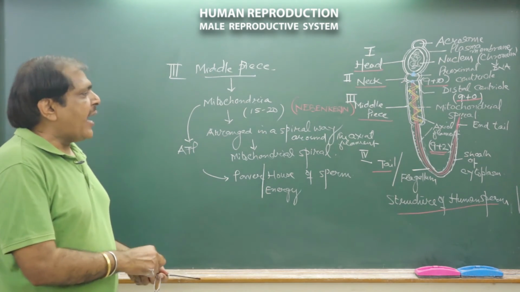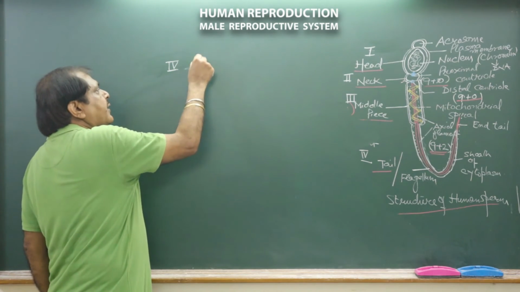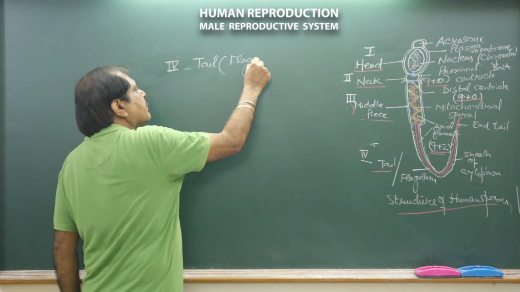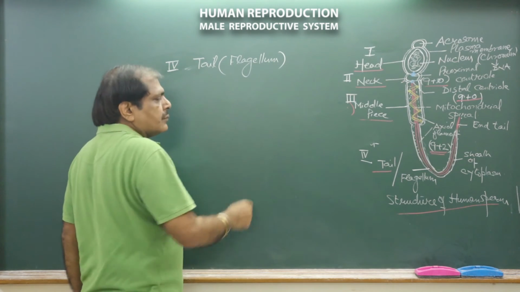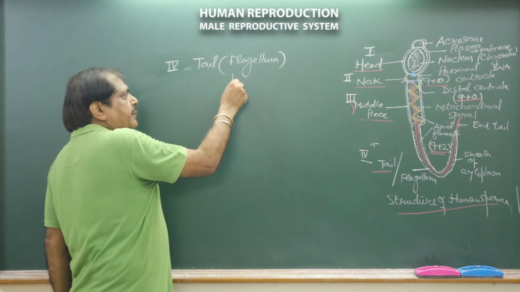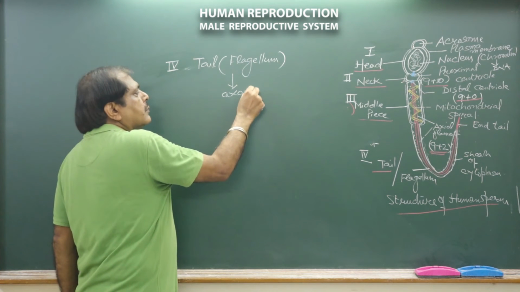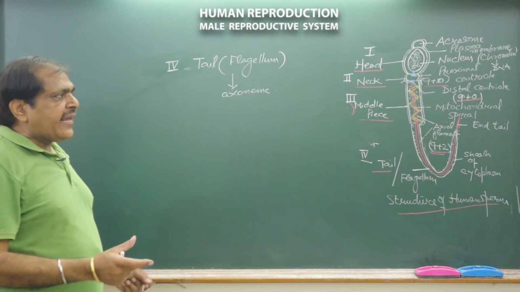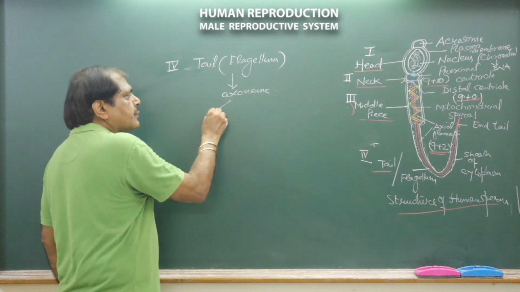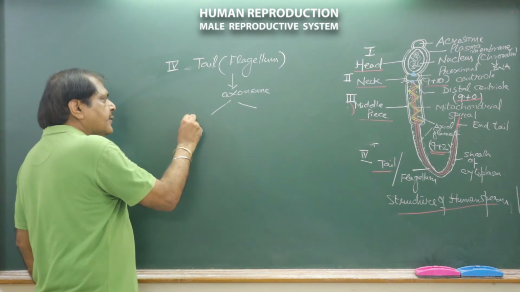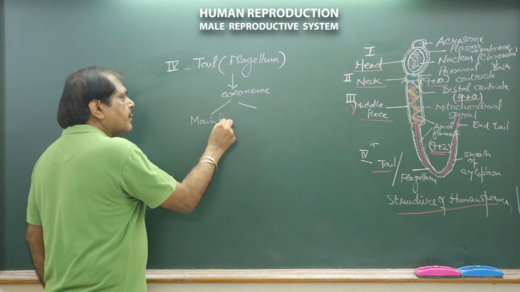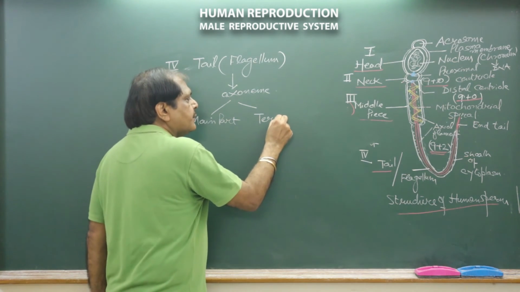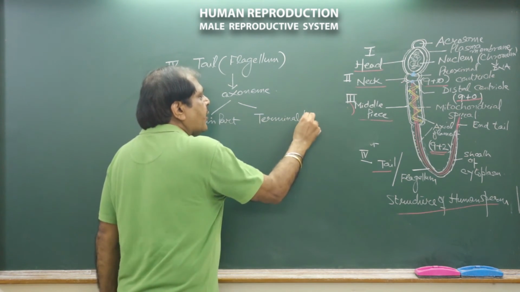Then the fourth part is the tail, or we use the word flagellum. It contains the axoneme. The tail can be divided into two parts: the main part and the end part, or terminal part.